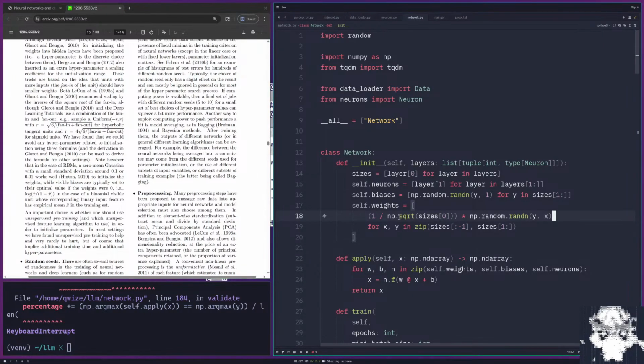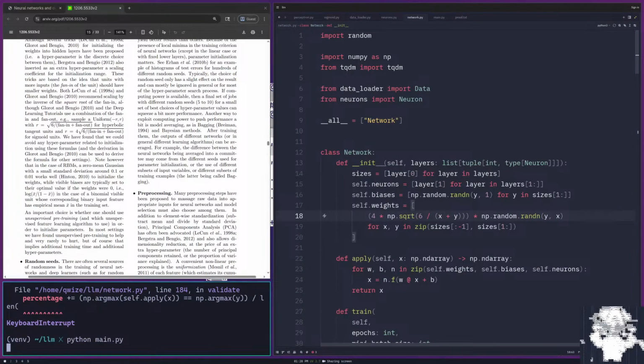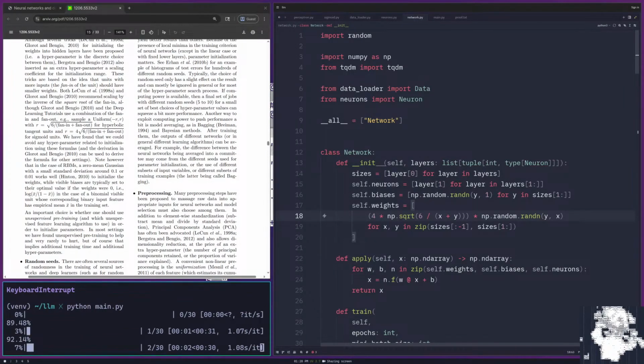So for us, that would be 4 times square root of 6 divided by x plus y, I believe. No, that doesn't work well at all.